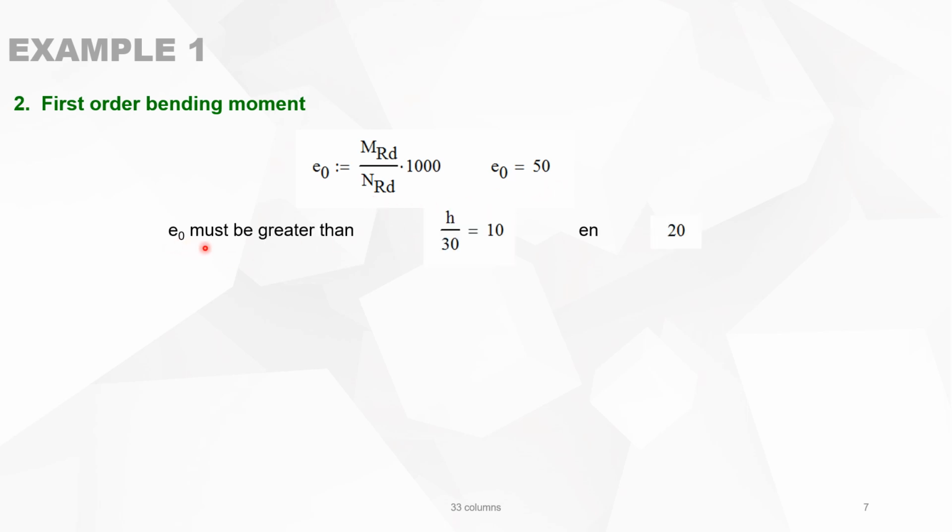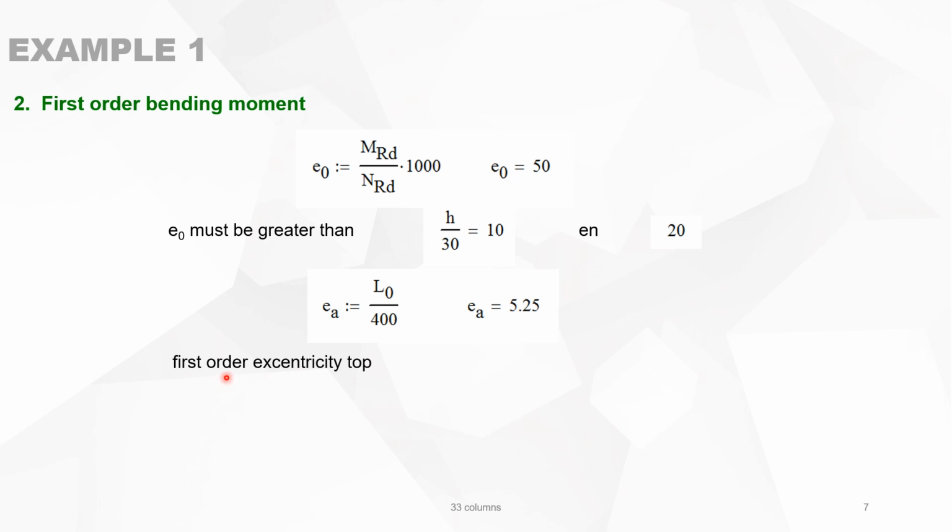But e0 must be greater than h over 30, the size of the column divided by 30, which is 10, and it must also be greater than 20. ea, the accidental eccentricity, is the effective length divided by 400, and that is 5.25 millimeters.